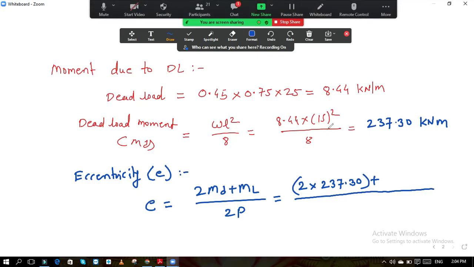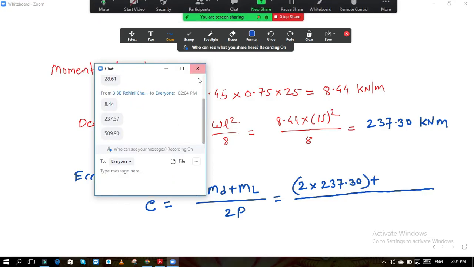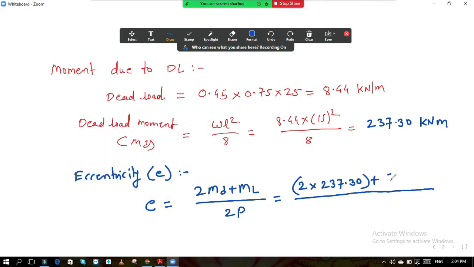What was the value of live load moment? 509.90, divided by 2 into prestressing force.